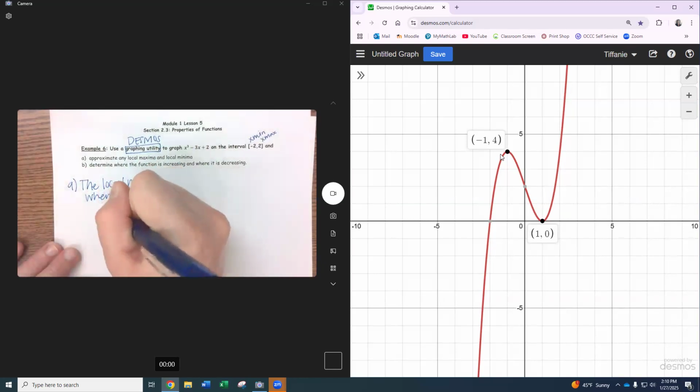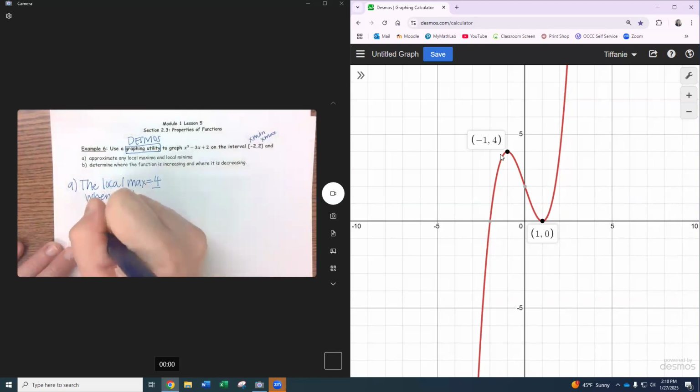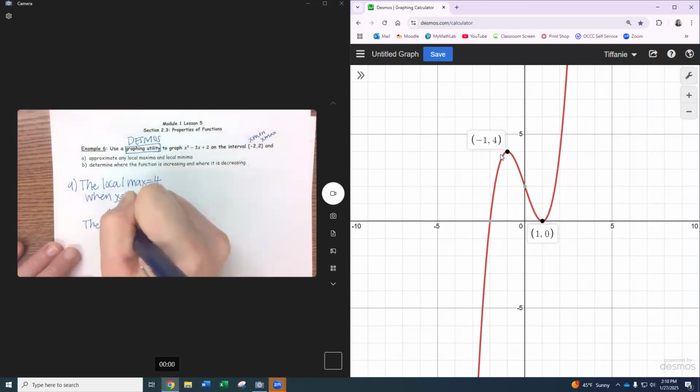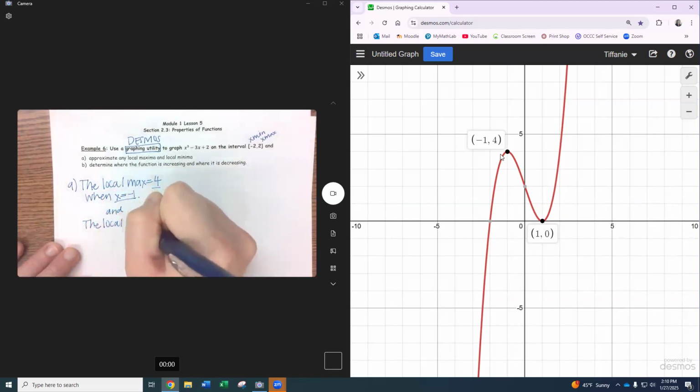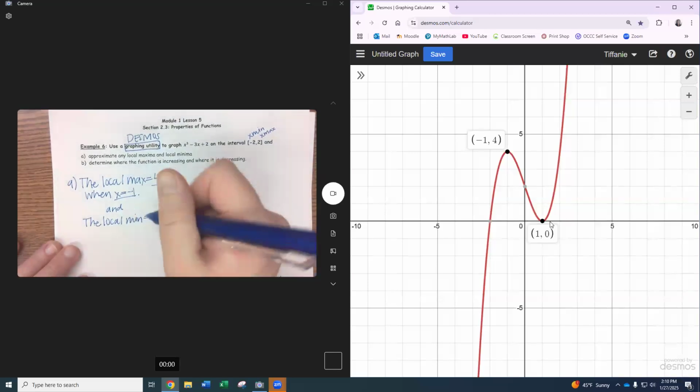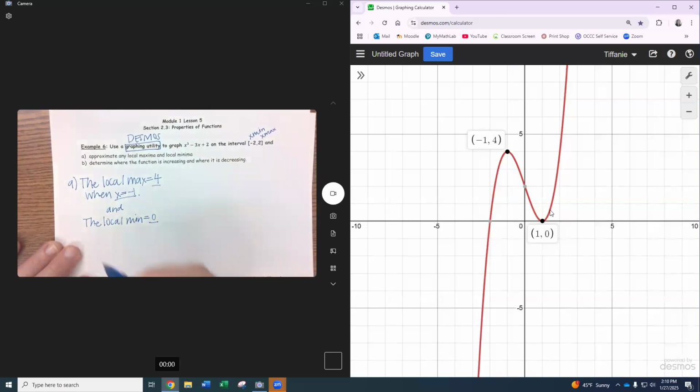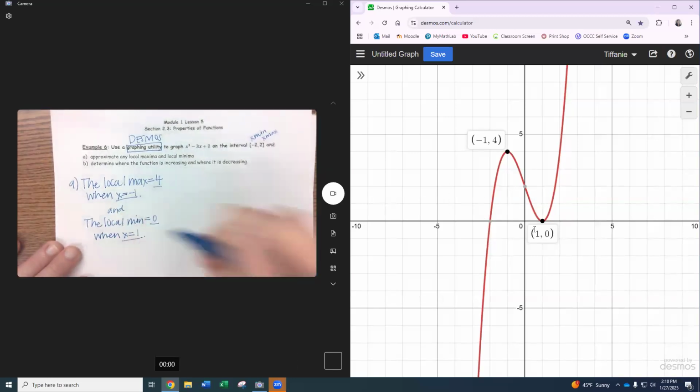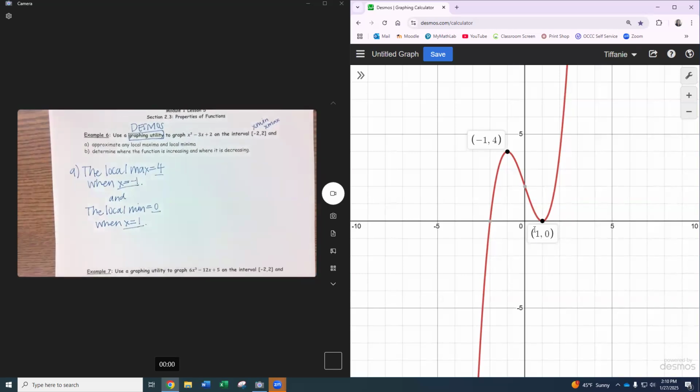And the local min equals, here's my min, so again, that Y value, that equals 0 when X equals, this time when my X is of a value of 1. Okay. So that's part A, approximating local max and mins there.